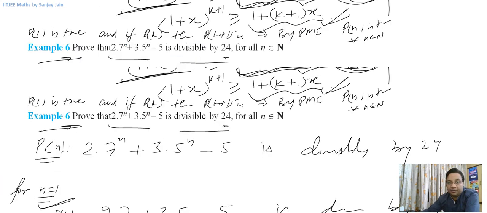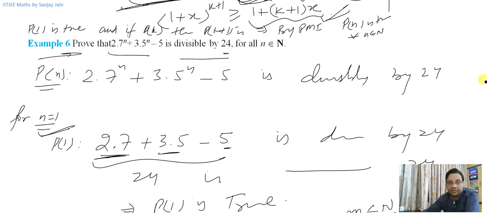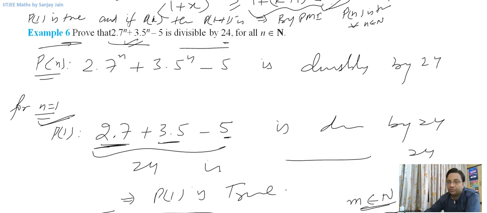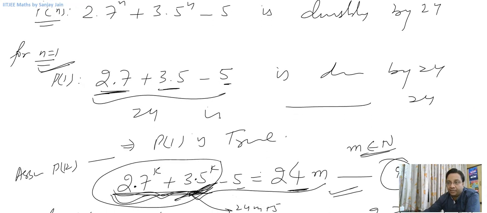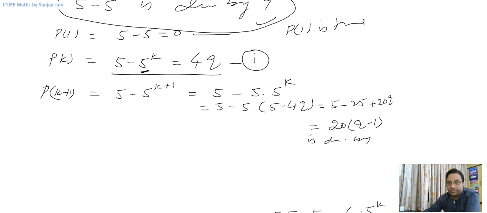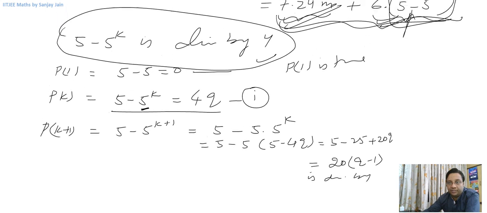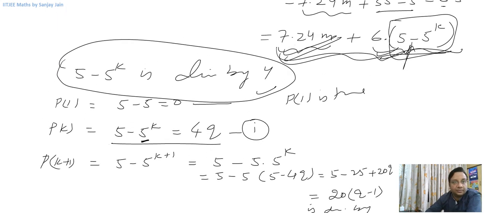Hence in the above question, p of k plus 1 is true when p of k is true. Okay, I hope you understand what I am trying to say. Let me write it for you. What I am saying is, this I have proved to be a multiple of 4, so let it be 4q.